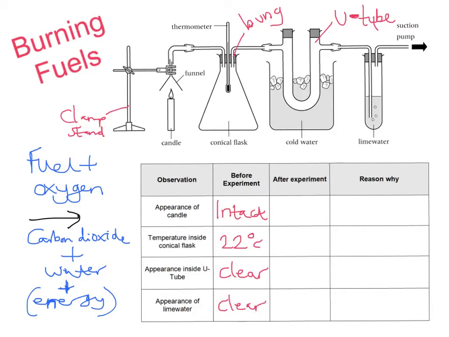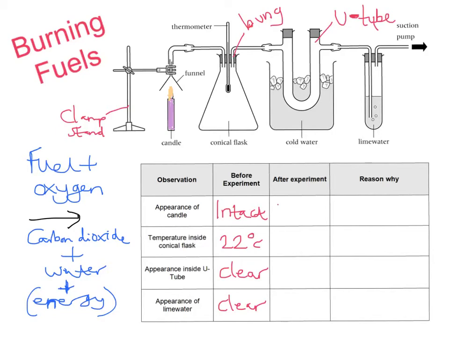So let's think about this experiment. We have our candle, we'll colour it in purple here, and let's imagine that after a certain time period we light the candle. So here's our flame. So let's think what's going to happen after the experiment. What we should notice is that the candle will have melted a little bit.